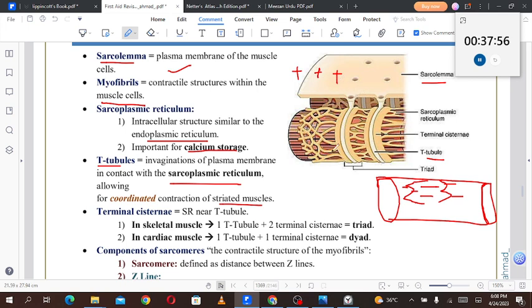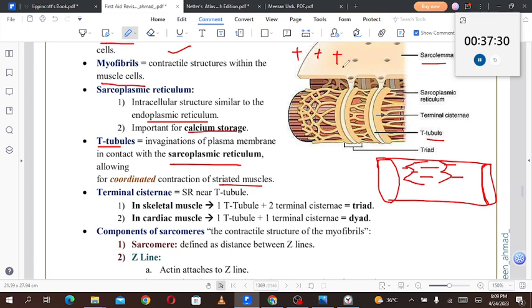To cause the whole muscle to contract simultaneously, the impulses will move through these invaginations of the sarcolemma or the cell membrane downwards across the muscle cell, so that the impulses, instead of just moving over the surface, dive deep inside the cells, so that the muscle contraction is coordinated with each other. So there are a lot of T tubules, and the function is to cause the impulse to enter.